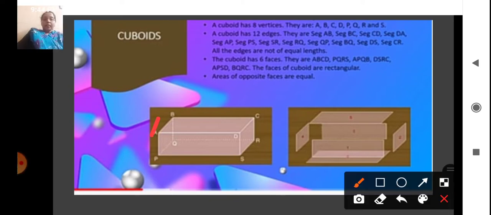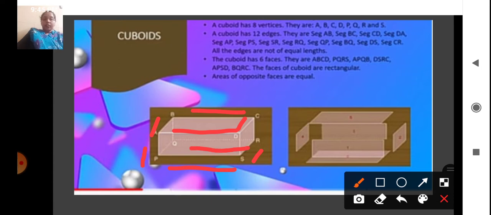Segment AB, segment BC, segment CD, segment DA. Let us see, where is DA? Yes, segment DA. Segment AP, see downwards. Segment PS, very good. Segment SR. Segment RQ. Where is RQ, children?